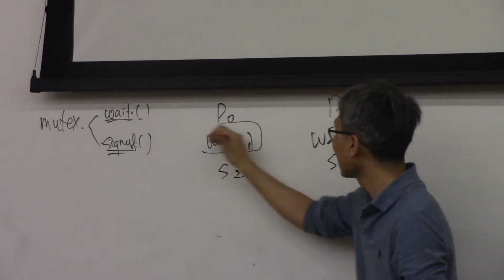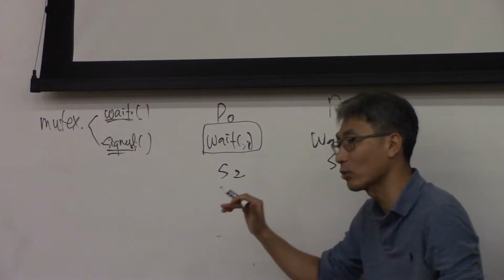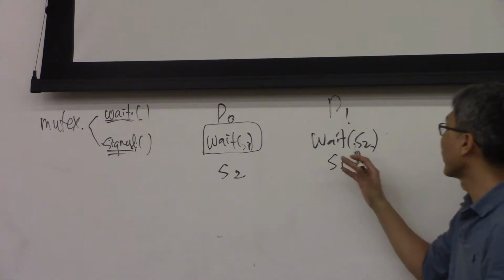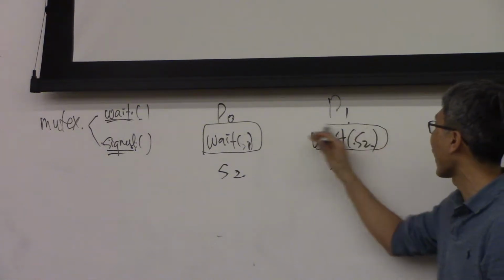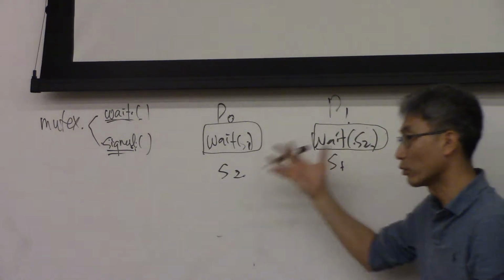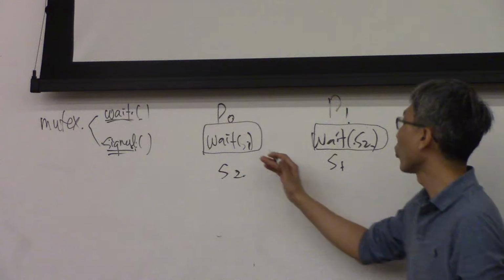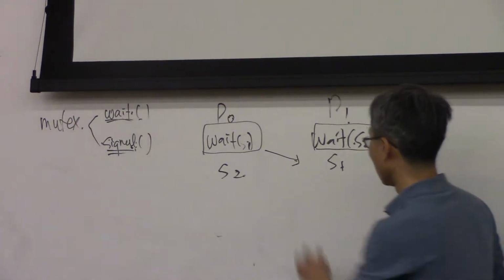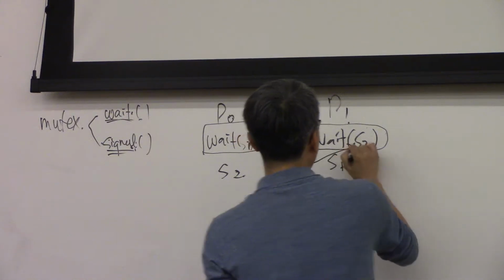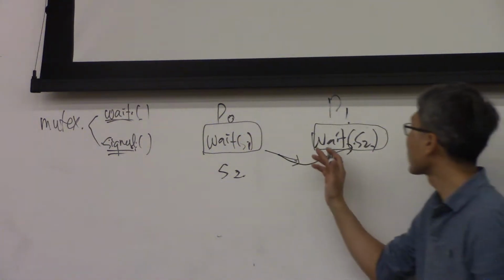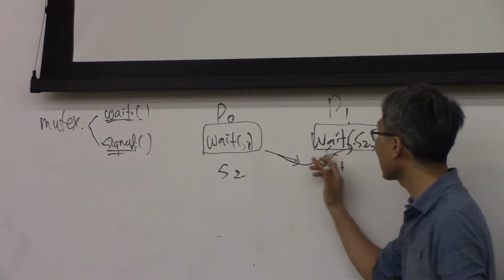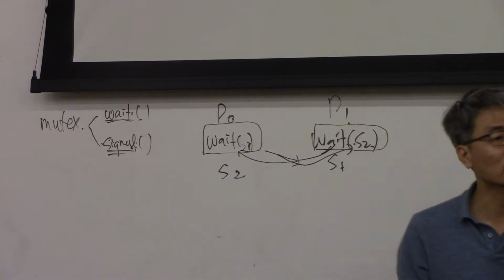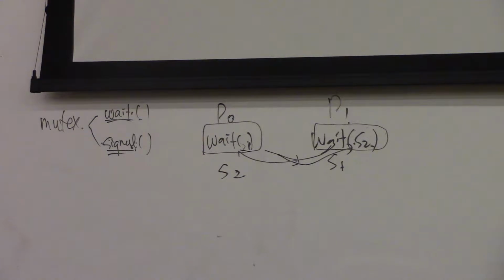So process 0 is holding S1 with the wait operation, in other words it is a lock, and at the same time P1 locks S2 using the wait method. Then P0 waits for S2, which is held by P1, while P1 is requesting S1, held by P0. This is the deadlock.